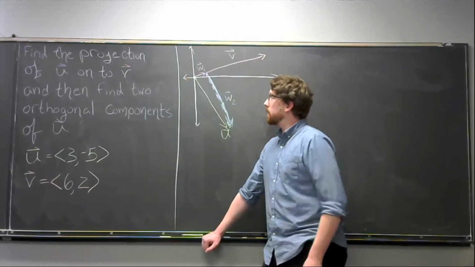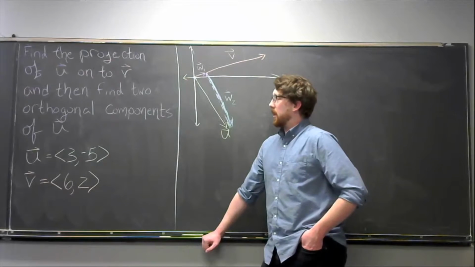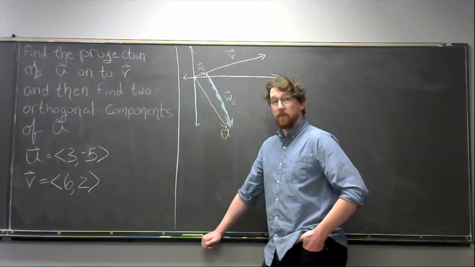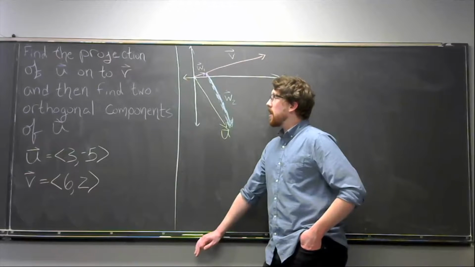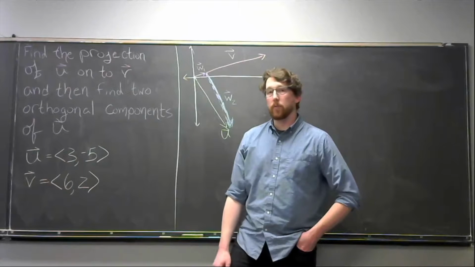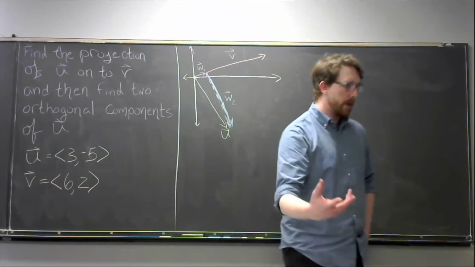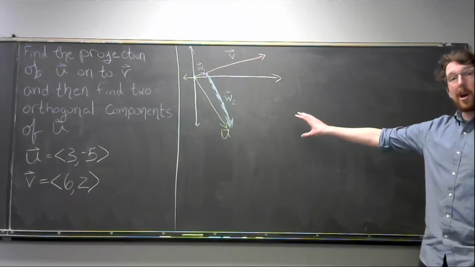All right, so for this first example, we've got these two vectors u and v. And we want to find the projection of u onto v, and we want to find two orthogonal components of u. All we know is what u and v are. So how are we going to do this? Well, we're going to start by drawing our graph.